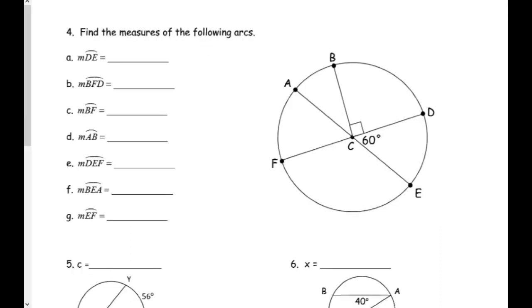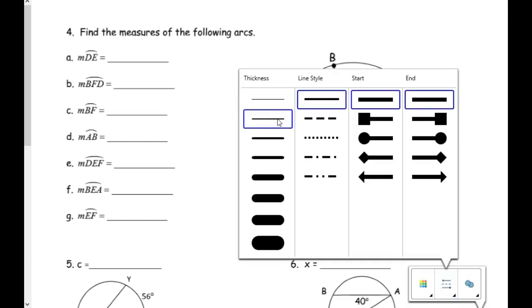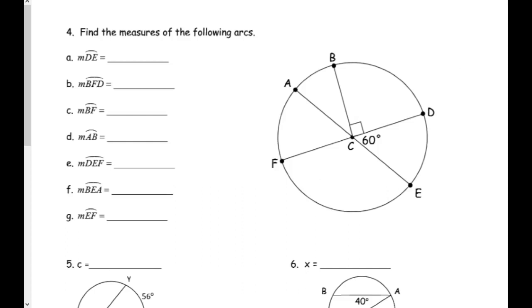Alright, find the measures of the following arcs. Before we do that, we need to figure out the central angles, because that'll help us find the intercepted arcs. Do you remember what these types of angles across from each other are called? They're called vertical angles, and they are congruent. So if angle DCE is 60, then angle ACF is also 60 degrees.